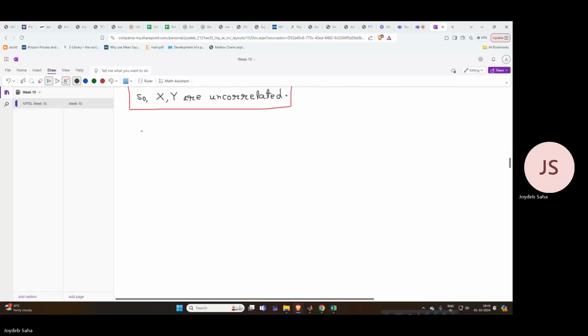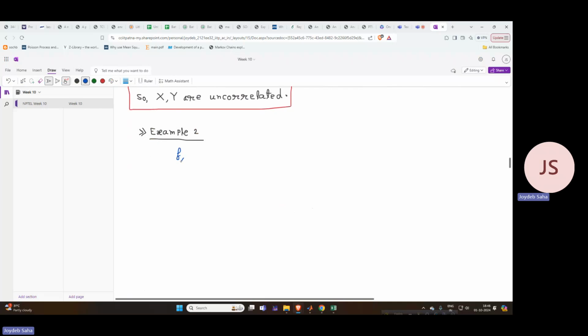Example 2. The joint density of xy is given.